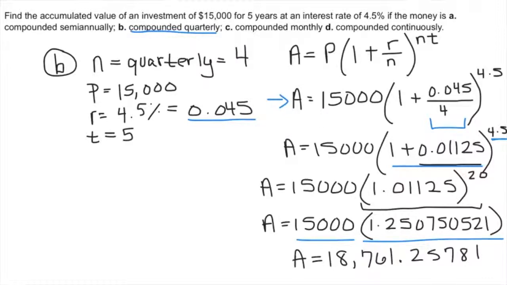And since this is a monetary value, I want to round to the nearest cent, which is the second decimal place. So here I have a 5, but since the number next to the 5 is a 7, I'm going to round that 5 up to a 6. So my final rounded answer is $18,761.26.